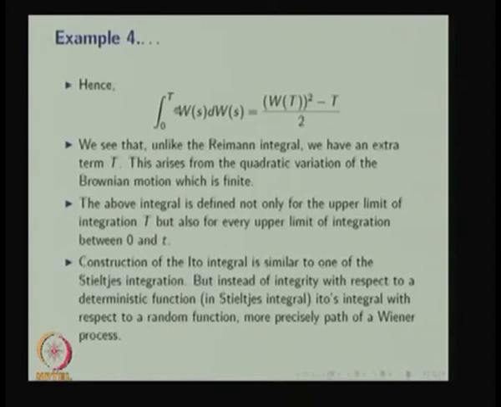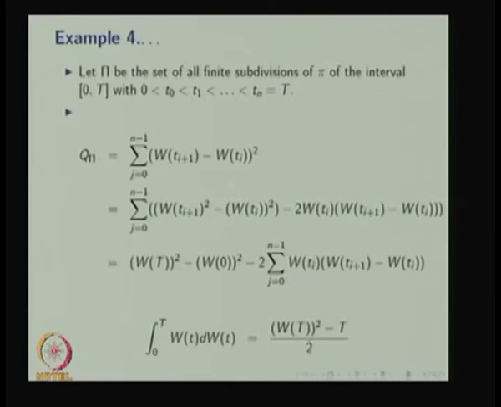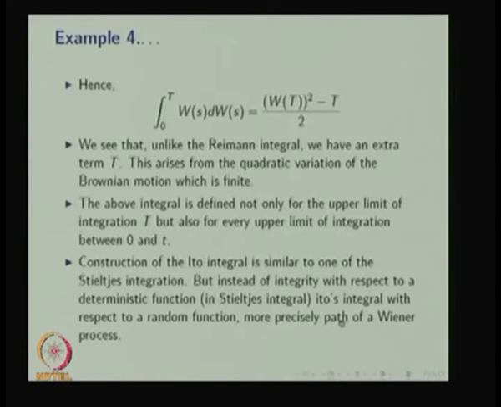In that case, we have to use the quadratic variation of Brownian motion over the interval 0 to small t, and that will be small t itself. That's a variable t.